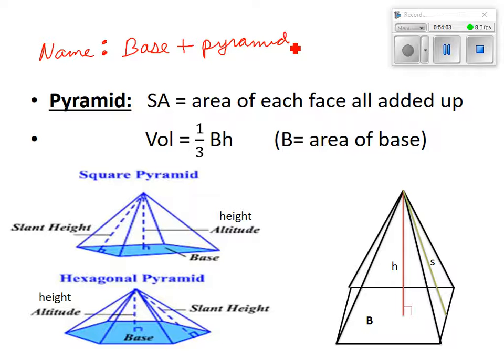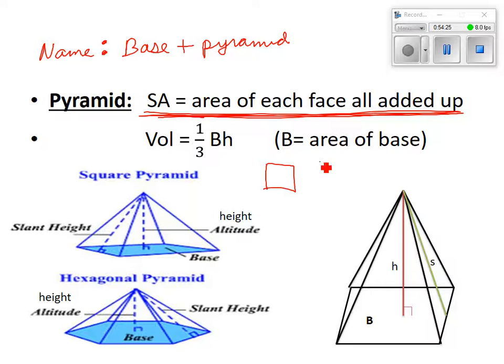All right. On this, for surface area, we got to find the face, or all the faces, and add them up. If I'm looking at the one I have in my hand here, we have a square. We're going to find the area of that square, and then we also have triangles.